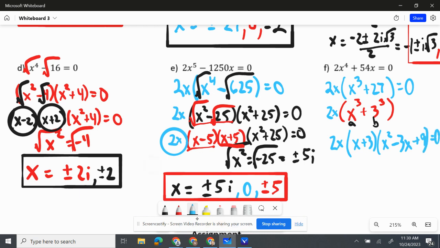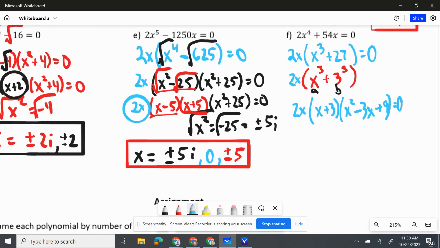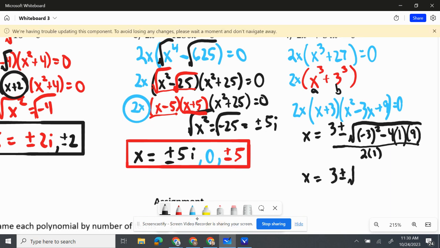So I'm going to use the quadratic formula. So x is equal to 3 plus or minus the square root. I'm going to take negative 3 squared minus 4 times 1 times 9. And I'm dividing the whole thing by 2 times 1. That gives me 3 plus or minus the square root.